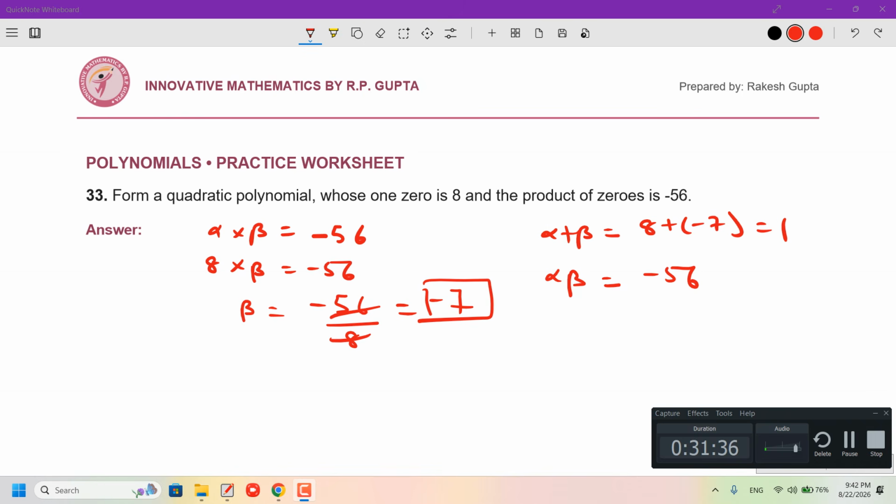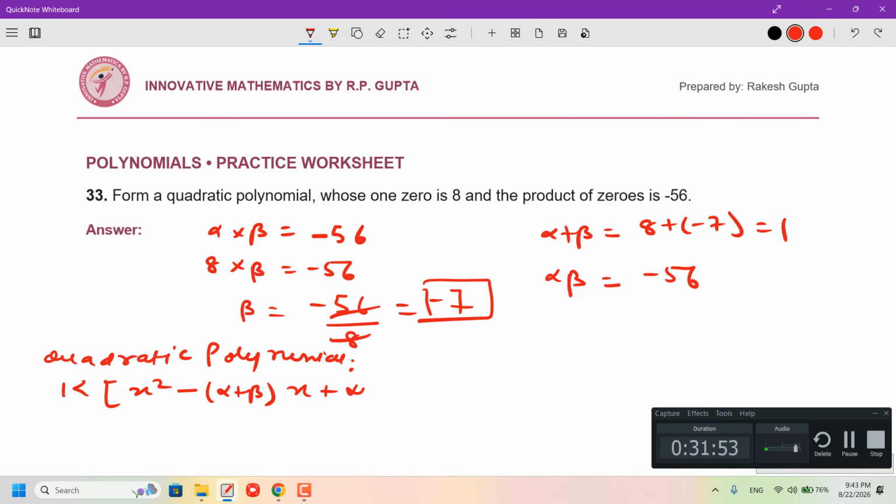So alpha into beta. Now quadratic polynomial k x square minus alpha plus beta into x plus alpha beta.